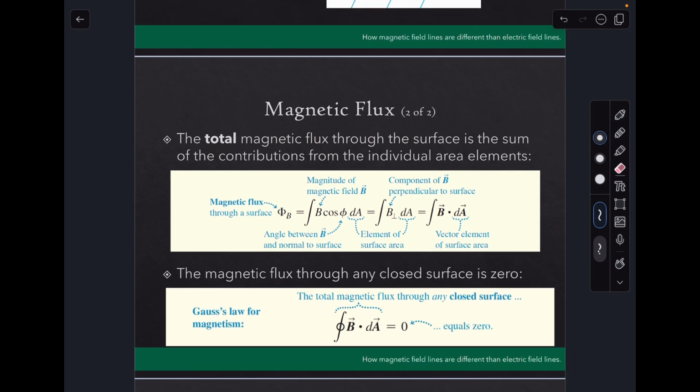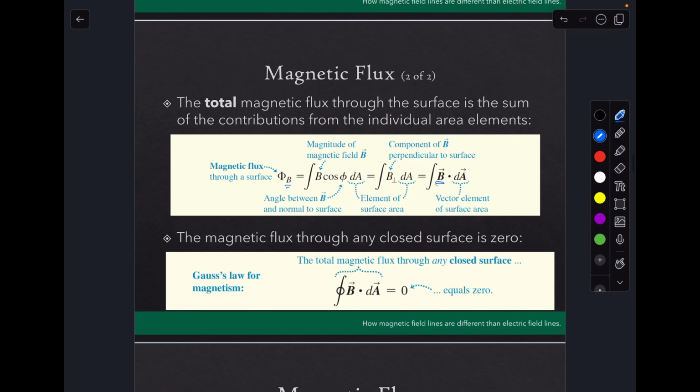This integral is exactly the same, except we have a B instead of an E. However, Gauss's law is not the same. The left-hand side of Gauss's law for magnetic fields is analogous to that of electric fields, but the right-hand side is always 0. So the total magnetic flux through any closed surface is always 0.